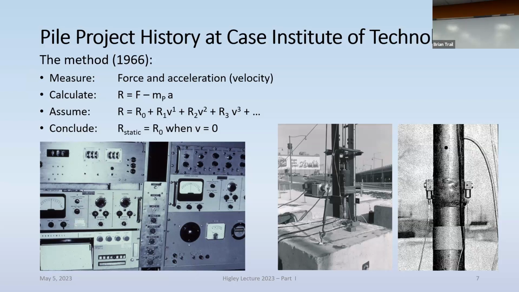In the left upper corner of that photo, you see the first version of what we call a pile analyzer. At that time, it was still called the pile capacity computer.